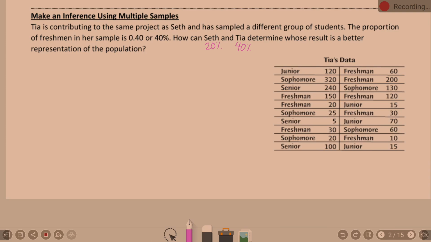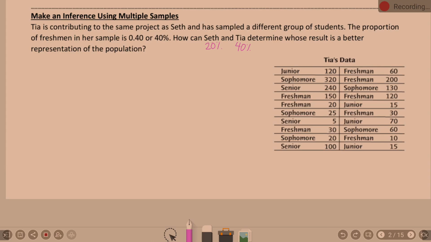But do we know that it's more even? Do we know that this college has an equal representation of freshmen, sophomores, juniors, seniors? I mean, we want to assume that, but I don't think we know that, do we? If anything, I would think there might be more freshmen than sophomores, juniors, and seniors, just because you have more people start out than people that finish.